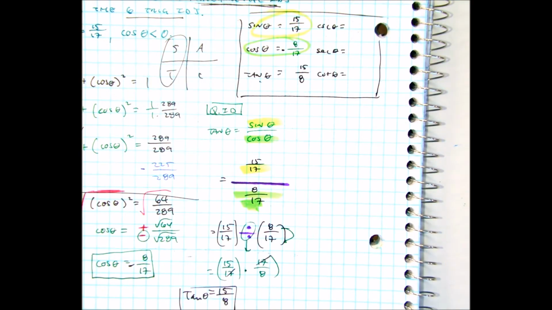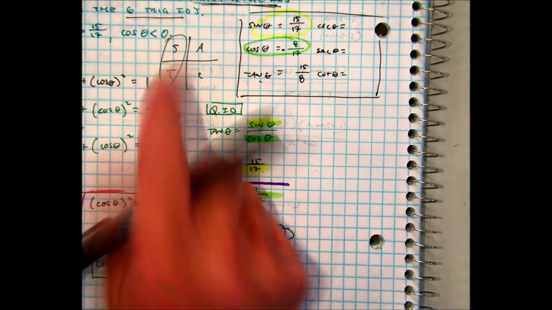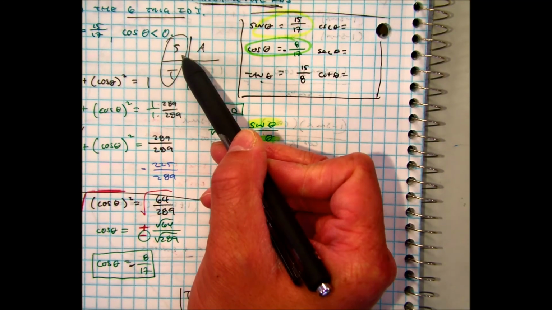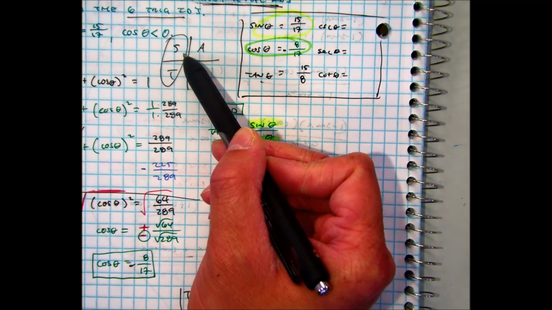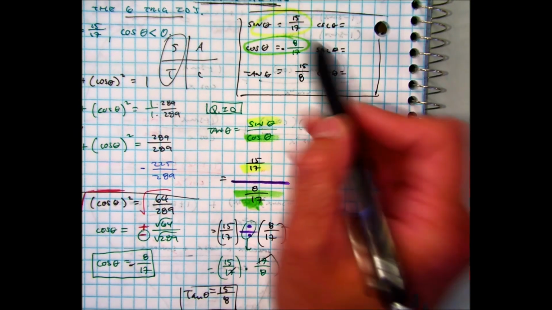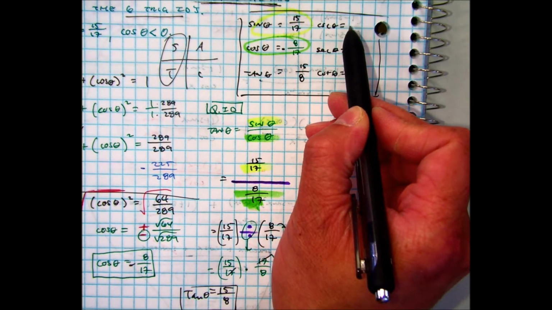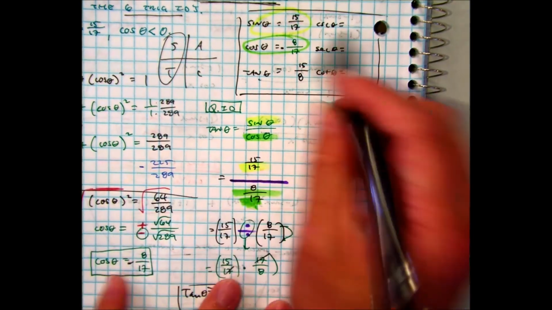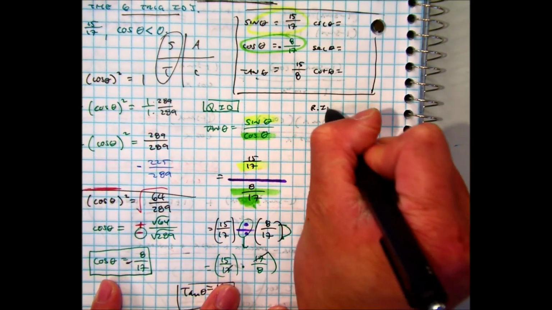What do we know about quadrant 2? Sine is positive, so I know this is going to be positive, right? And you could just use the reciprocal identities, and you don't really have to. I'll just show you one. You don't have to do them all.